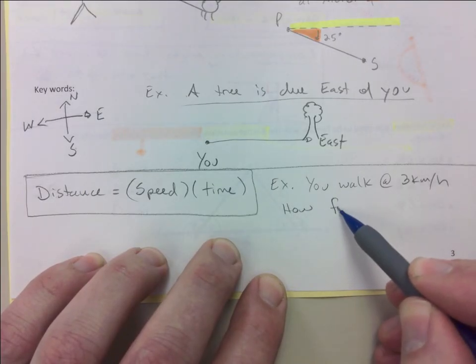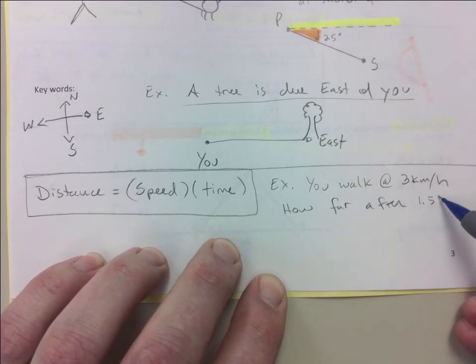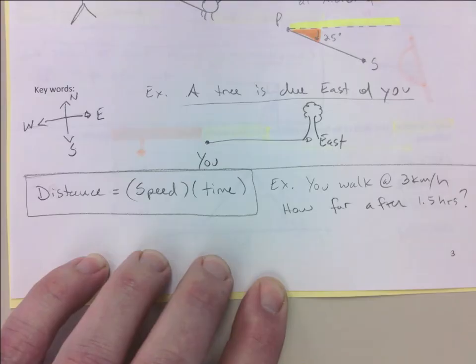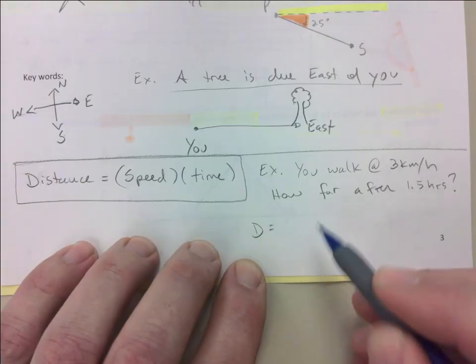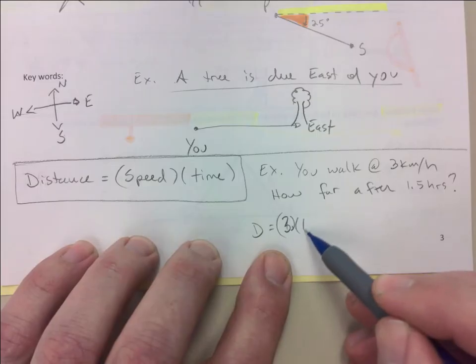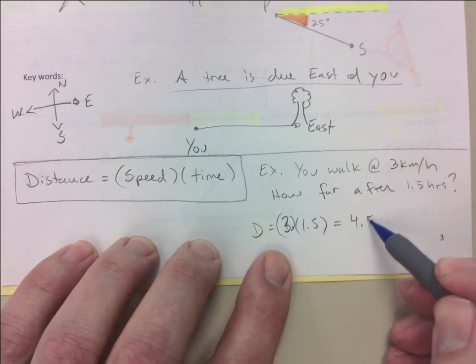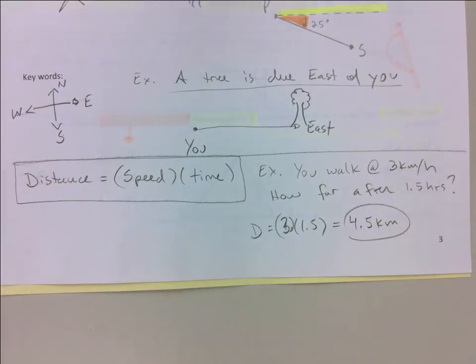How far after 1.5 hours? We'll go distance is equal to, what's the speed? It's 3, right? Times 1.5. So you walked 4.5 kilometers in 1.5 hours, if that's the speed you're walking at. So that comes in handy sometimes. So keep that in mind.